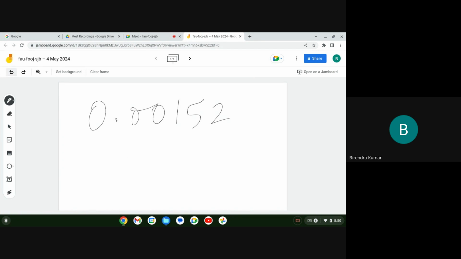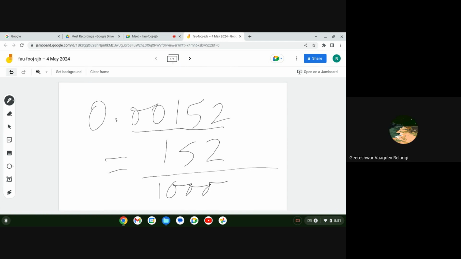What Gitesh did is correct. Gitesh, do you want to explain how you did it? I just wrote the 152, and then I put a 1 in place of the decimal, then five zeros, because there are 5 digits behind the decimal. Yes, exactly. That's exactly what we need to do.